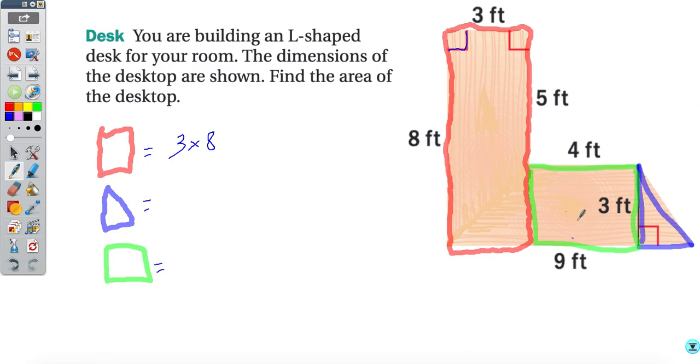So if I look on the sides, I have 3 different measurements, so I have to pick the correct 2. There's this 4 feet, 3 feet, and 9 feet. Well, if I'm looking at this, 9 feet must be the length of this whole bottom area, or length side right here. So I'm going to say the side measurements, the base and height, are 4 and 3.